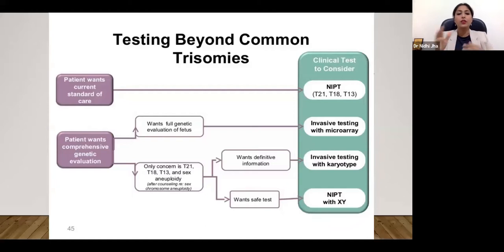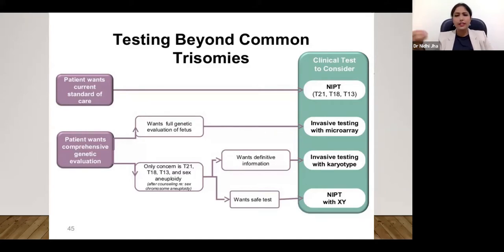If the patient wants a comprehensive genetic evaluation and the only concern is trisomy 21, 18, 13 or sex aneuploidy, still if they want definitive information, you should go back to invasive testing with karyotype.